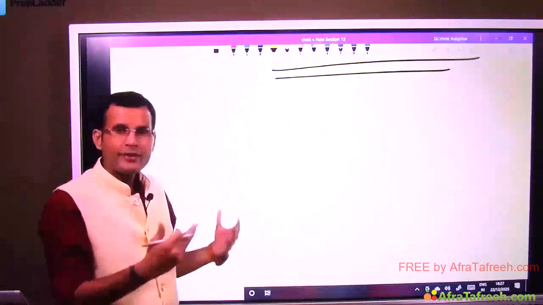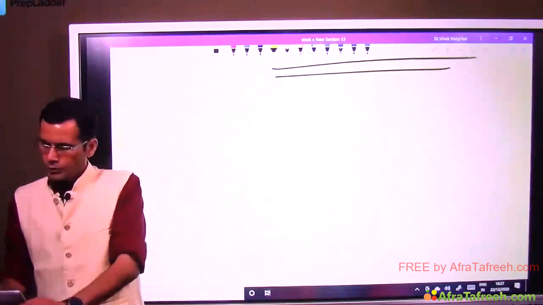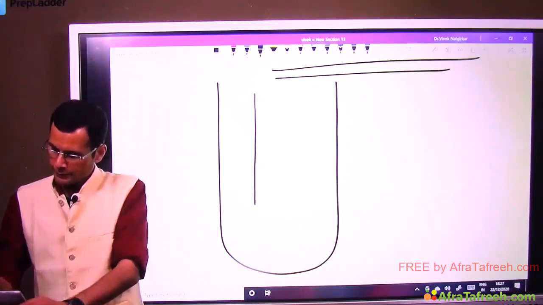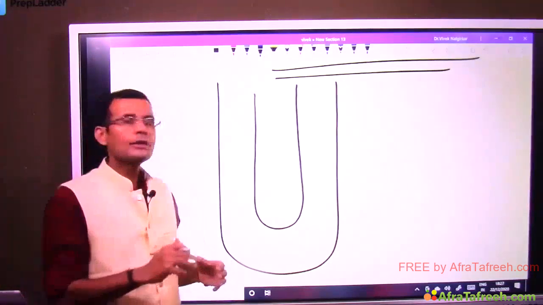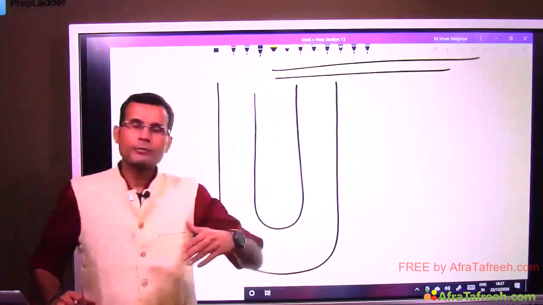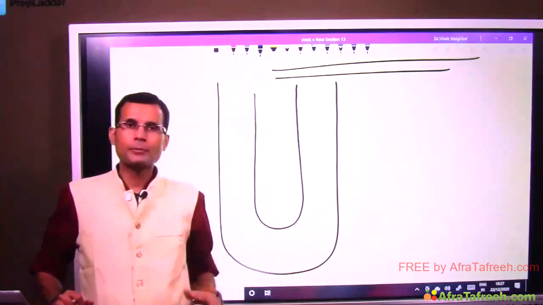Now, why is that? Look, sodium reabsorption in various places occurs in different ways. There are different mechanisms by which sodium reabsorption happens.